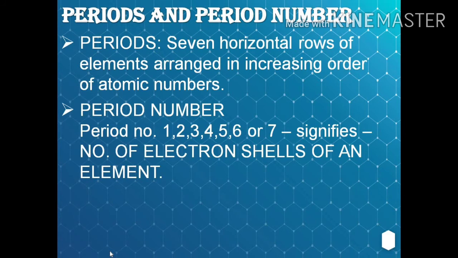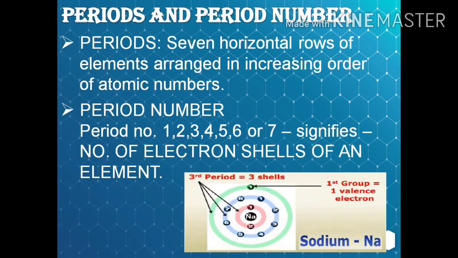That means we have 7 periods in the periodic table and they are numbered 1 to 7, and they signify the number of electron shells of an element. That means the first period has 1 shell, the second period has 2 shells, third 3 shells, fourth 4 shells, fifth period 5 shells, sixth period 6 shells, and seventh period 7 shells. This is what it means.